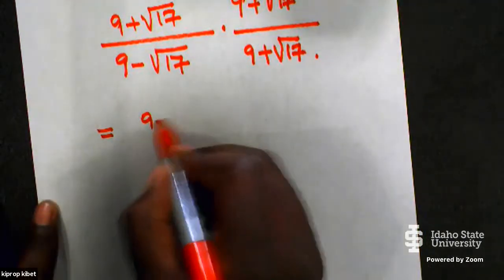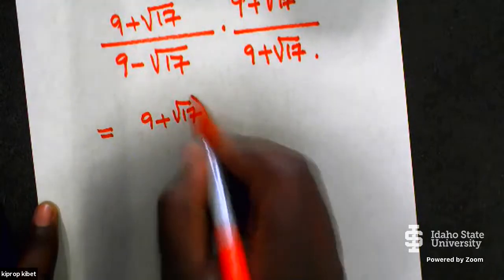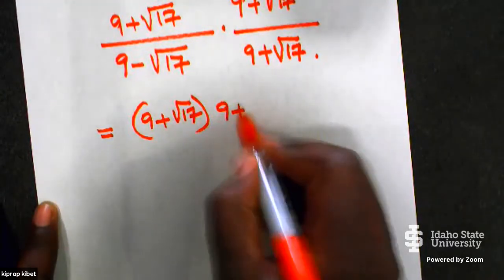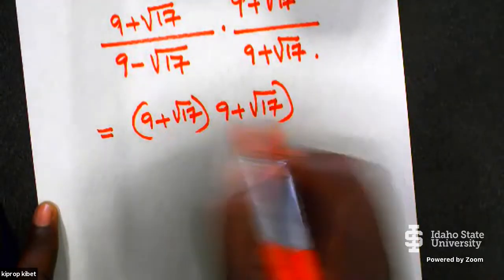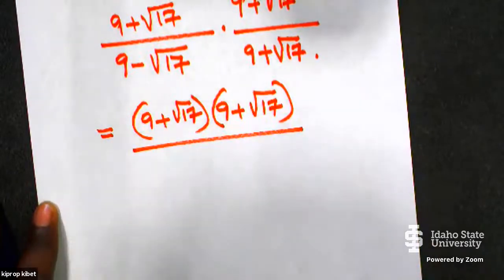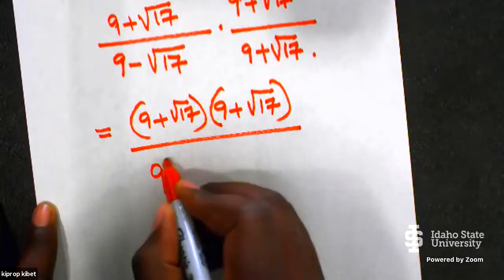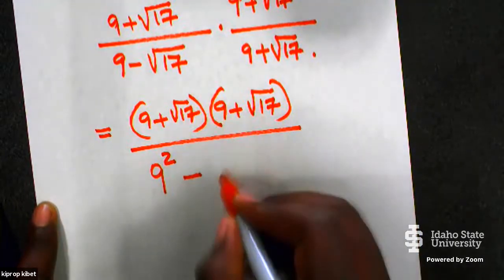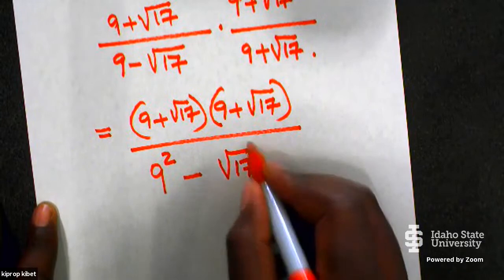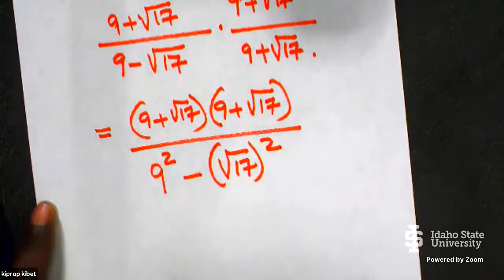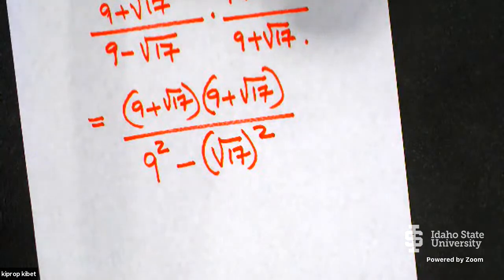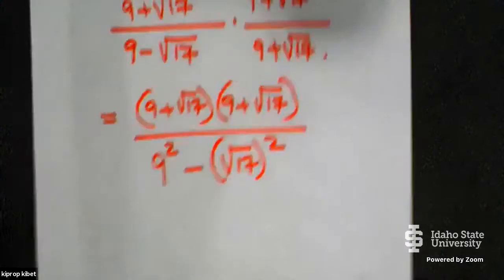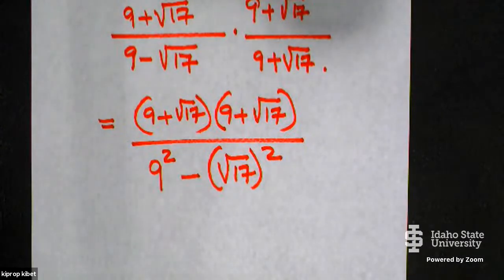That equals 9 plus the root of 17 times 9 plus the root of 17, all over 9 squared minus the root of 17 squared, because the denominator is a difference of two squares.